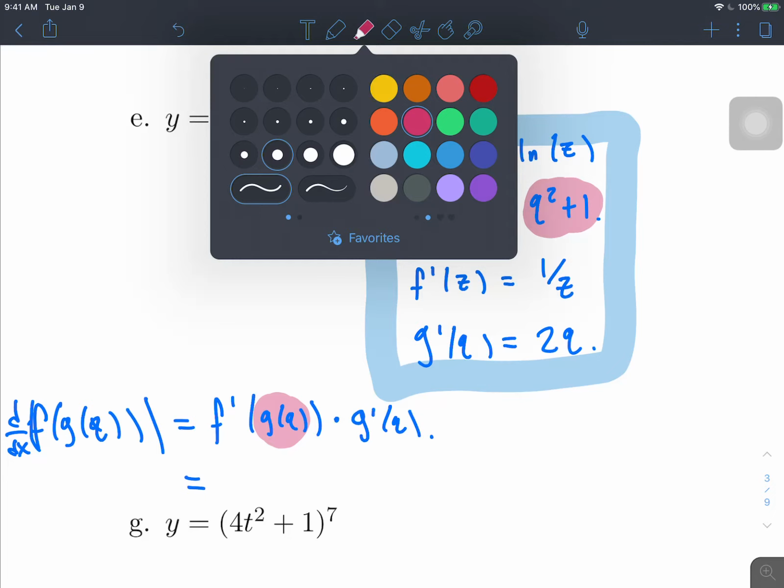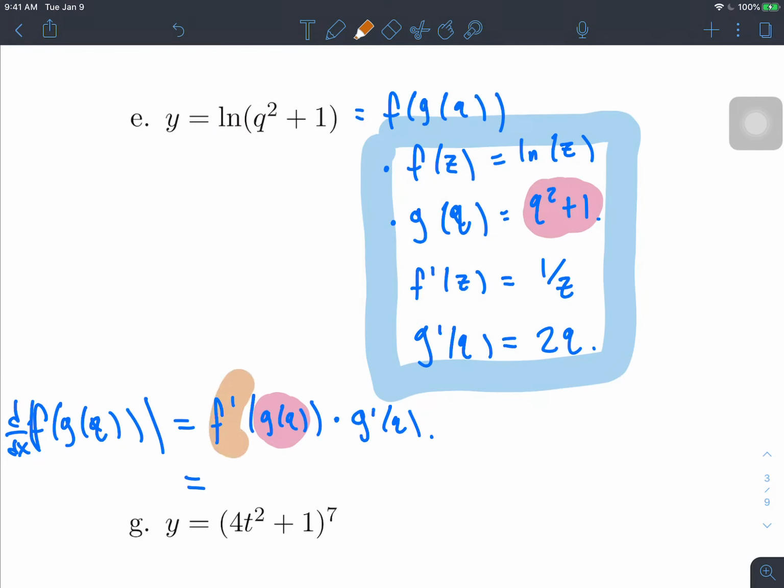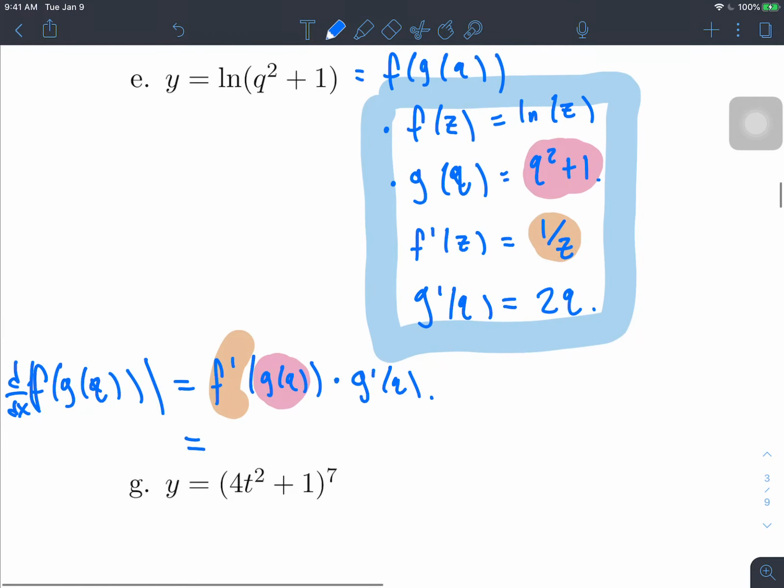And I plug that in to f prime. That's 1 over z. And I get 1 over whatever g of q was, q squared plus 1. And I multiply by the derivative of g, which is 2q. So my final answer would be 2q over q squared plus 1.